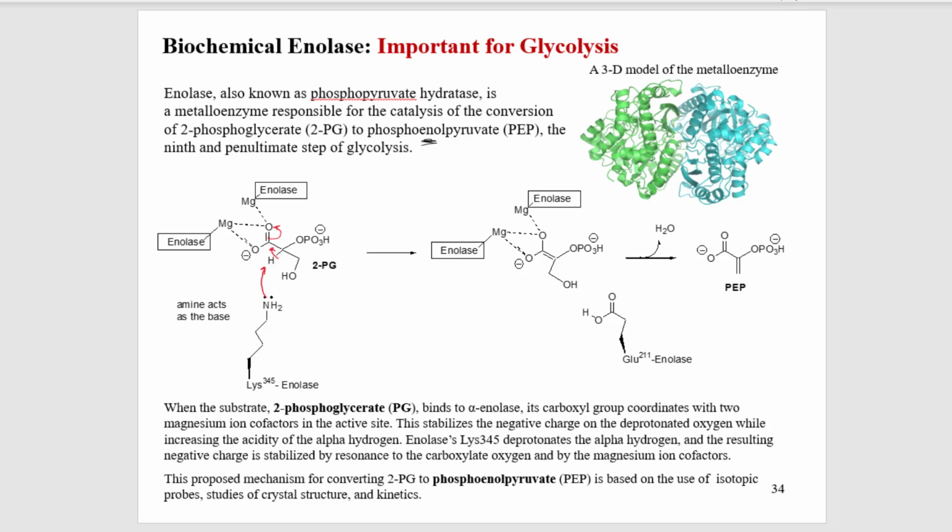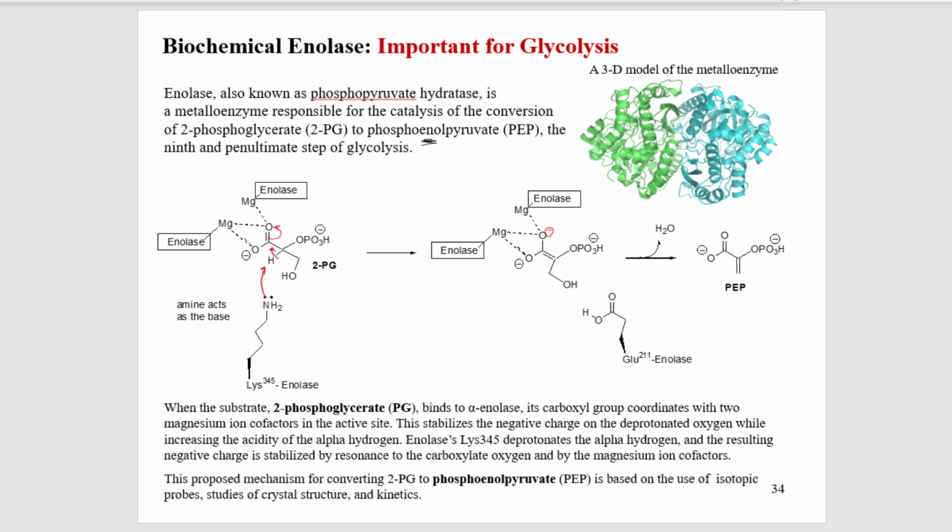That empowers the oxygen to be negatively charged, and those oxygens are highly attracted to the magnesium in the enolase. The magnesium is the metal in the metalloenzyme. Once here, it stabilizes the negative charge on the deprotonated oxygen while increasing the acidity of the alpha hydrogen. The enolase deprotonates the alpha hydrogen, and the resulting negative charge is stabilized by resonance to the carboxylate oxygen and by the magnesium ion cofactor. So that's what we see in the middle.